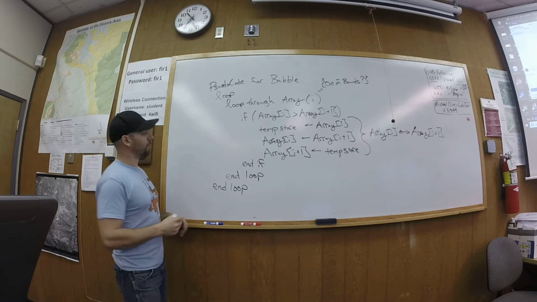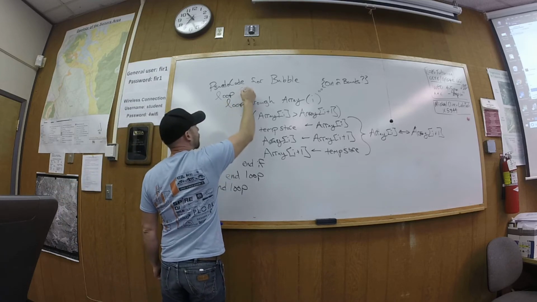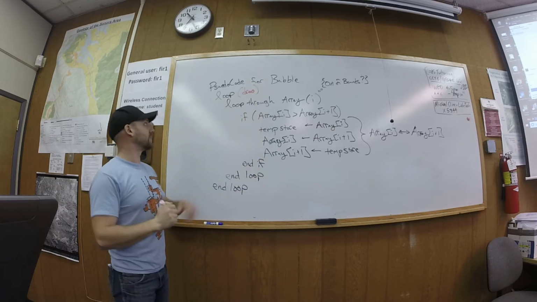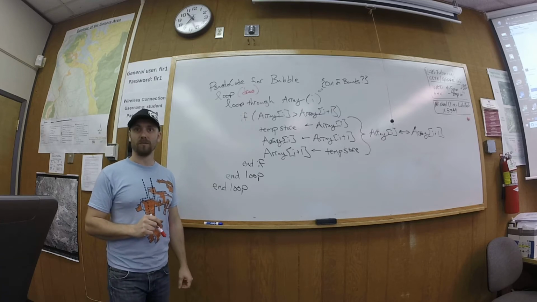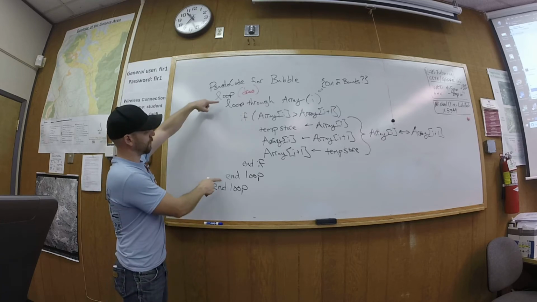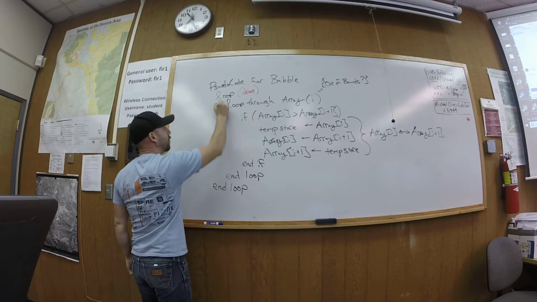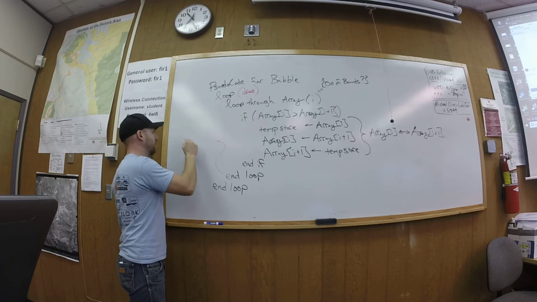All right, so my method for this, since I'm writing in Processing, is this loop is just going to be the draw method, which loops through on its own. And then I'm just going to stick this thing into the draw method. Cool? I'm actually going to stick this thing in its own little method, so I'm going to make all of this stuff a method that I'm going to call bubble sort step.